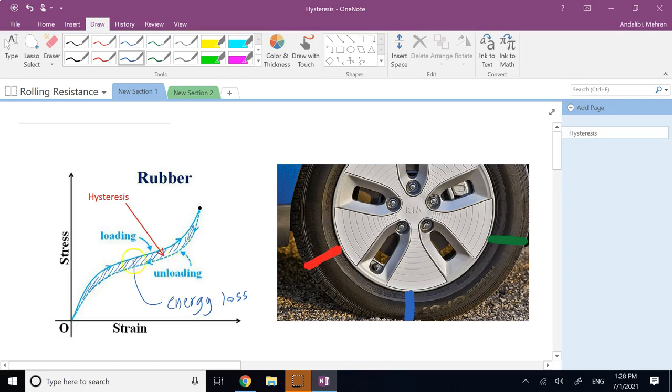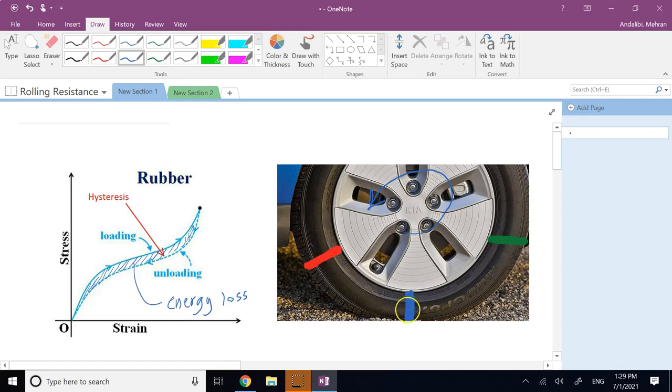So this hysteresis is one way that you can justify the loss of energy in pneumatic tires. Now, where does that happen? If you look here at the picture of a tire in motion, this tire is going like that. And when this red patch comes into contact with the ground, if you look at the length of it, it is definitely shrunk, right?